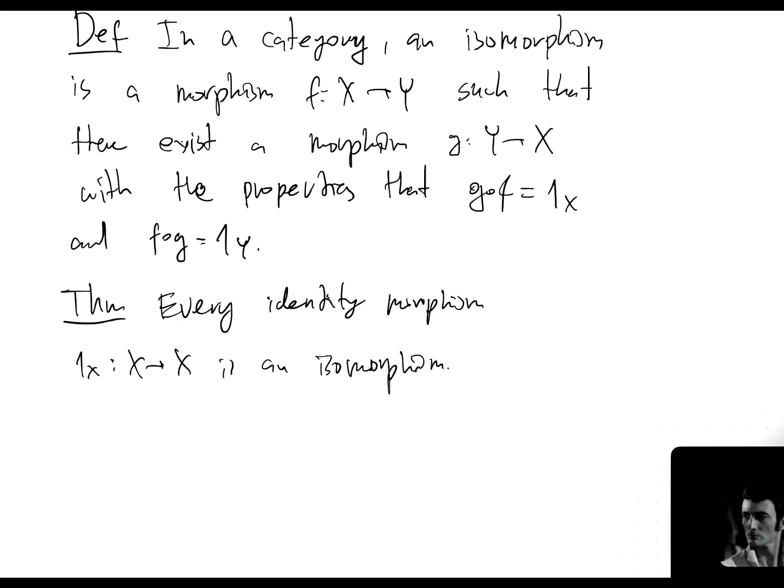Itself, that's right. So the proof is rather straightforward. Identity composed with identity equals identity, and that takes care of both equations. By the way, this G is called the inverse of F. So identity is inverse of itself.